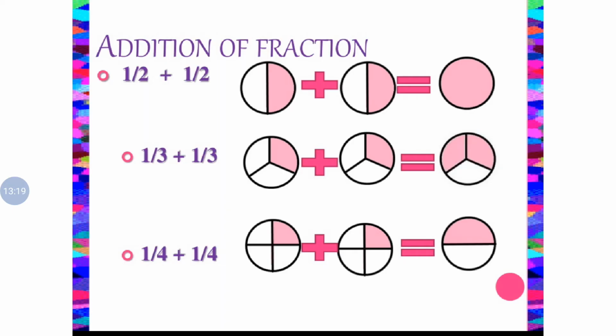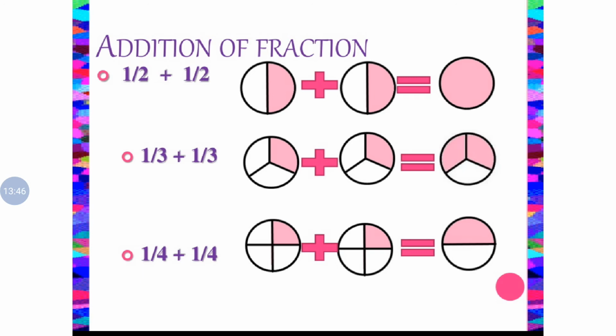Next one, addition of fractions. Addition of fractions means half of the circle and half of the circle. You already know the equivalent fractions. So one part out of the two equal parts, and we add them. 1 by 2 plus 1 by 2. The denominators are the same, so take the common denominator 2.